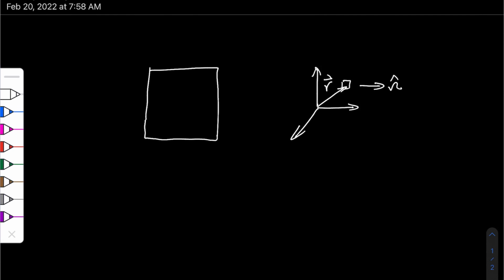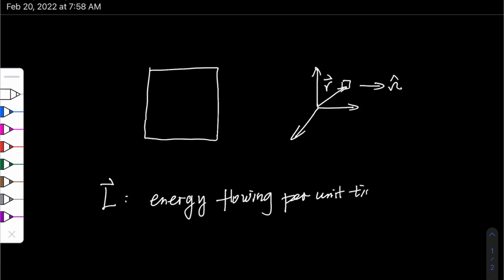To construct the model, we define the energy radiance L, which is the energy flowing per unit time through an area per solid angle.